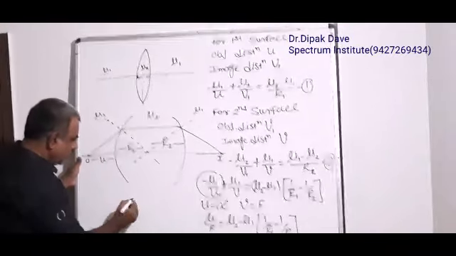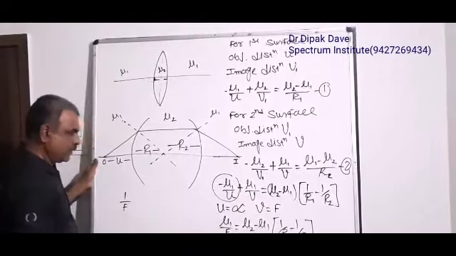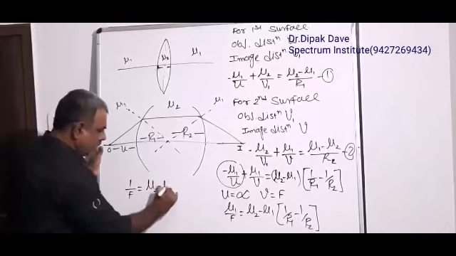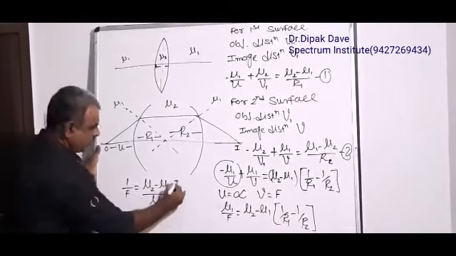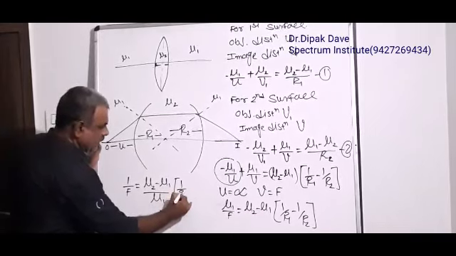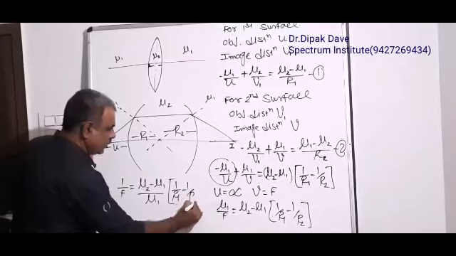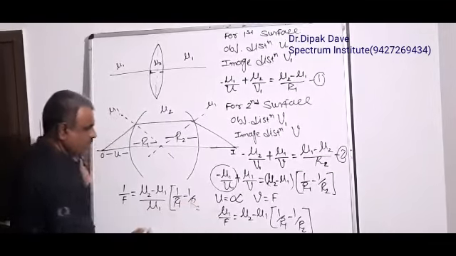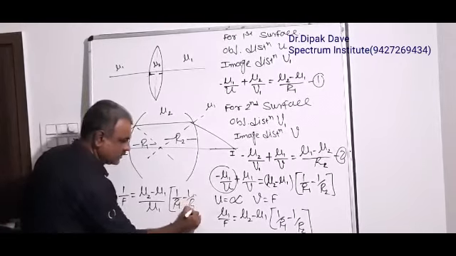So what we have, 1 by f is equal to mu2 minus mu1 by mu1, inside the bracket 1 by r1 minus 1 by r2. I will rewrite it.